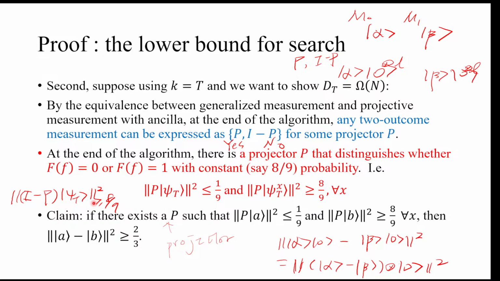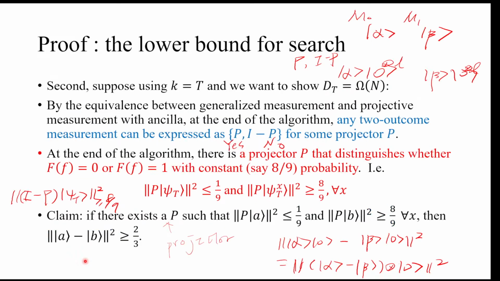So now we call these psi_xA and psi_xB. For x, these two things should be pretty far away. So the norm of psi_A minus psi_B squared must be greater or equal to 2 over 3. This is just math.